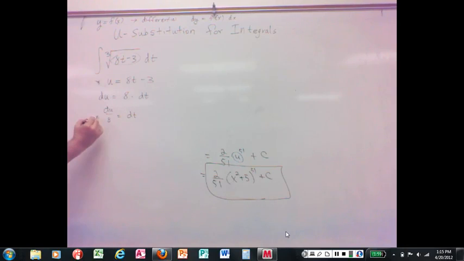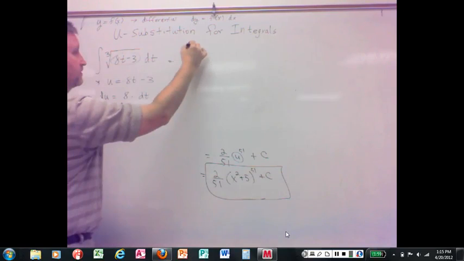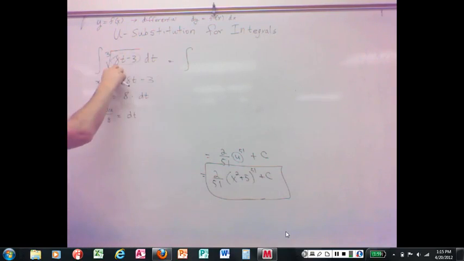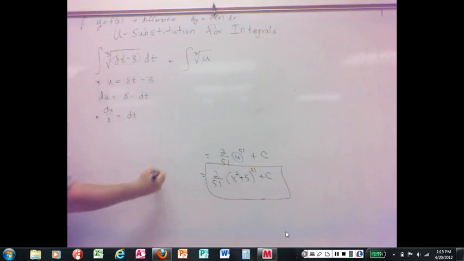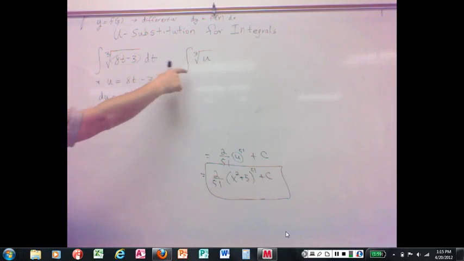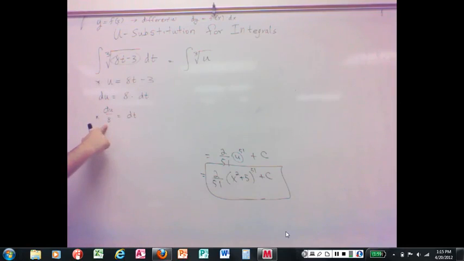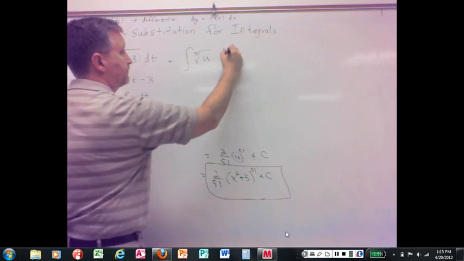So now I use these two things and make the substitution here. What's that going to give me? It's going to give me the integral of the cube root of u. That's what I'm going to replace the cube root of 8t minus 3 by, and then dt gets replaced by du over 8.